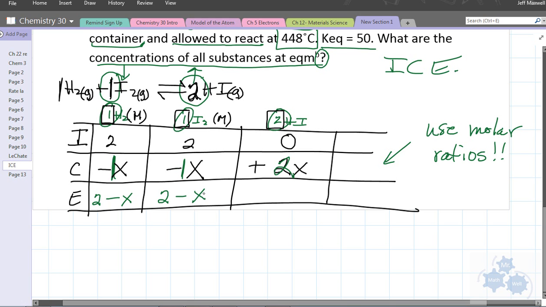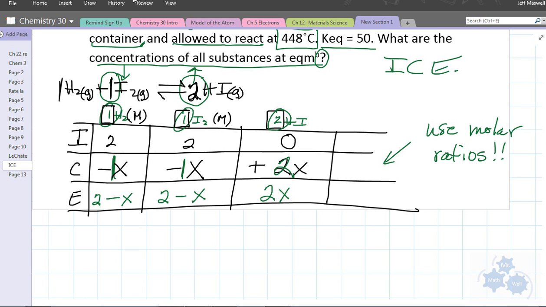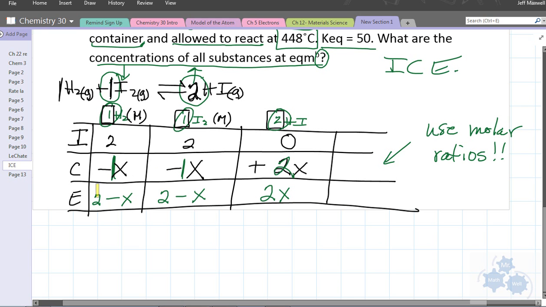It went down by X. And this one was 0, and it went up by 2X, which means this is 2X. You don't have to put 0 plus 2X. Alright? Now the reason why we do this chart is to get this, for this type of question. We start off with reactants only, and now we've got an expression as to what it should look like at equilibrium. Is everyone with me so far?